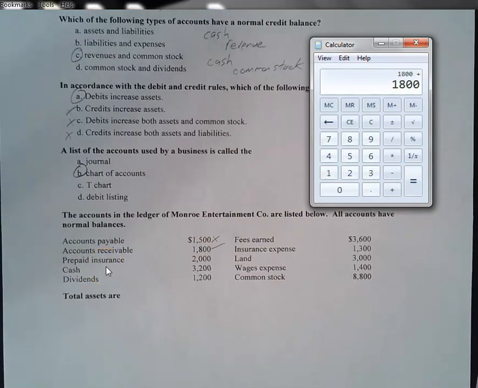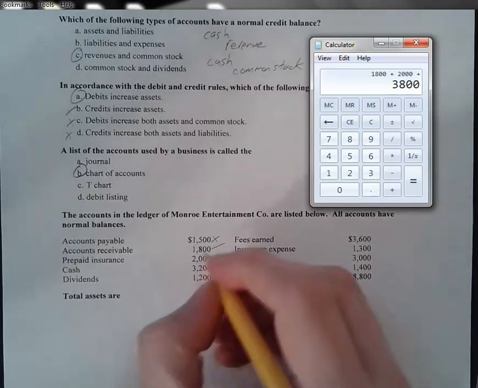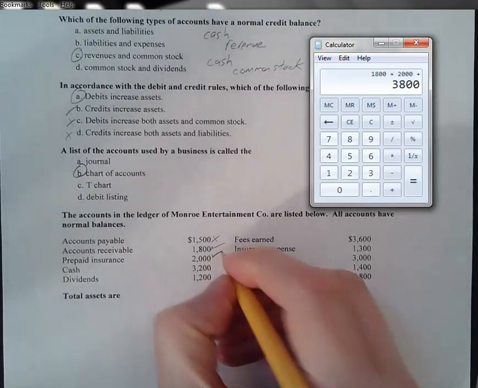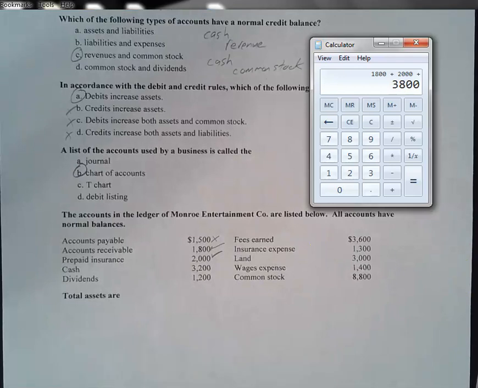Well, we prepay for the insurance and then we get the future benefit of insurance coverage. So prepaid insurance is in fact an asset account. Put a check mark there. Cash is definitely an asset account. I think everybody would know that. So now we're up to $7,000.